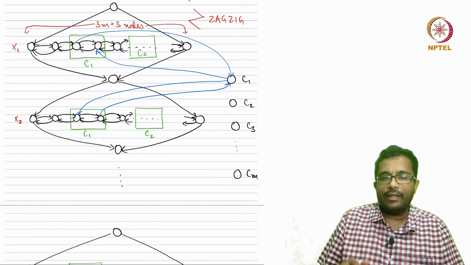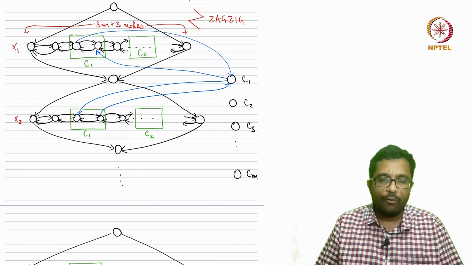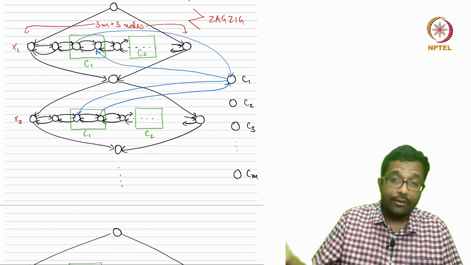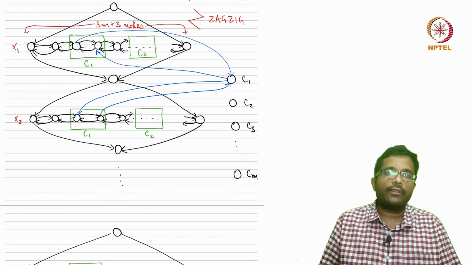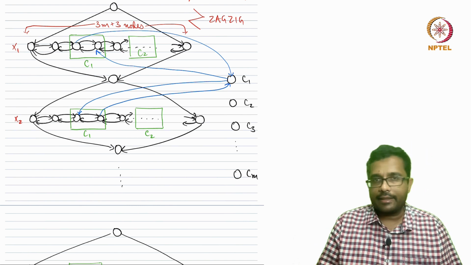So if we set one zigzag to true and the other to false, what we end up with is a satisfying assignment, right? Because we are able to cover all the clauses, and the only way we can cover all the clauses is if our movement is in the correct direction.